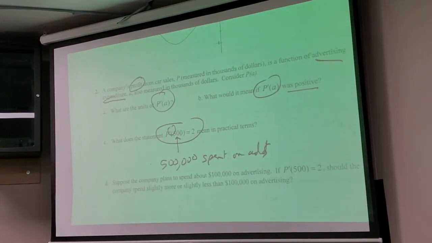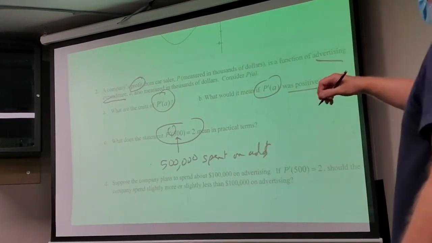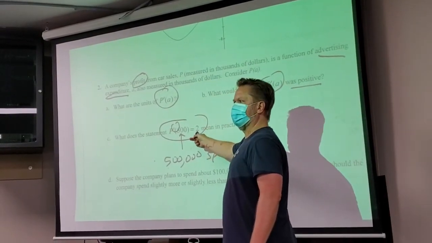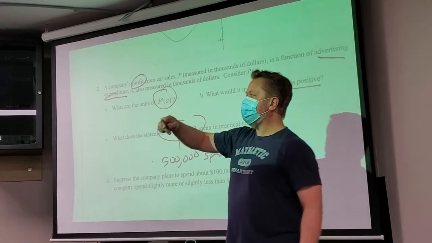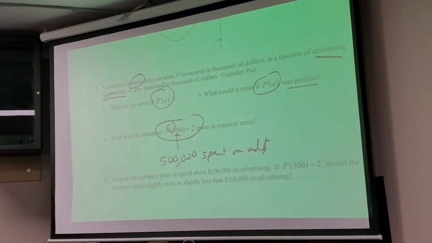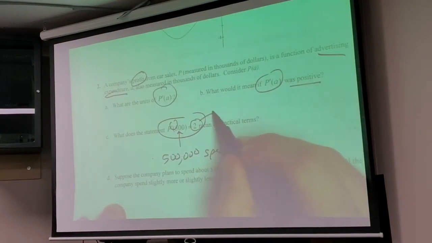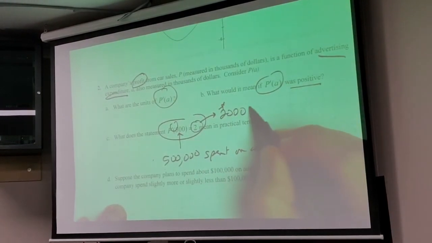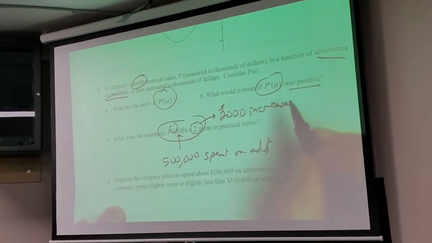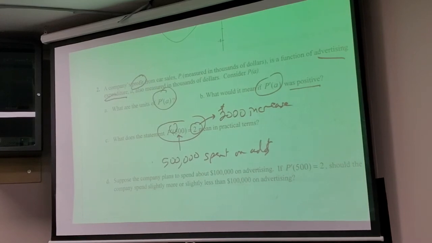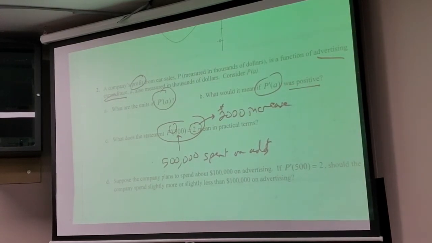So when I've spent $500,000 on ads, my profit would go up by $2,000 if I spent more on ads. So the slope is $2,000, right? $2,000 increase for every $1,000 I would spend more in ads. So in that case, if that's what the financial analysts saw, they would say spend some more on ads. I think we'll make some more money if we do.